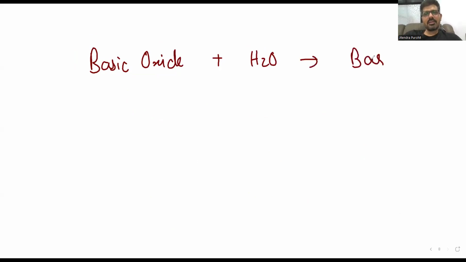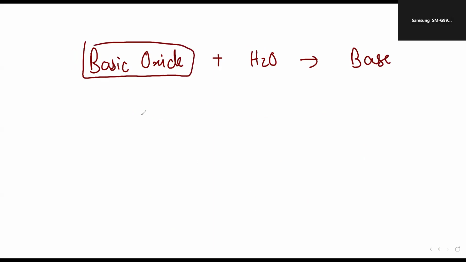Then basic oxide means what? Any oxide which, when you dissolve it in water, gives you a base. We call them basic oxides. Generally metal oxides are basic oxides. Clear?